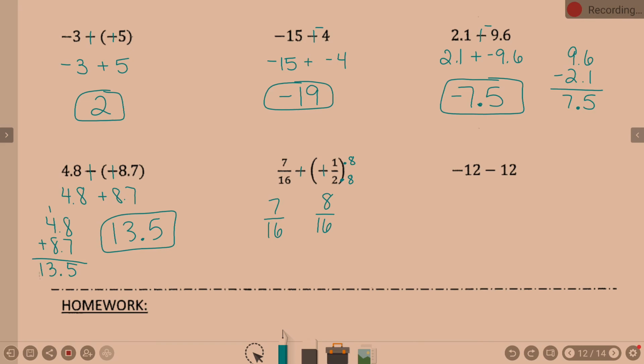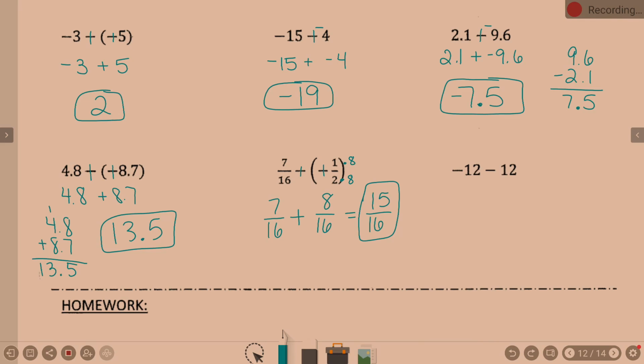Minus and negative is always going to end up being plus a positive. 7/16 plus 8/16 is 15 over 16. Keep the denominator as is and add 7 plus 8.